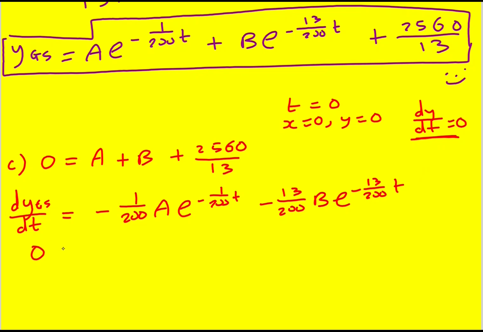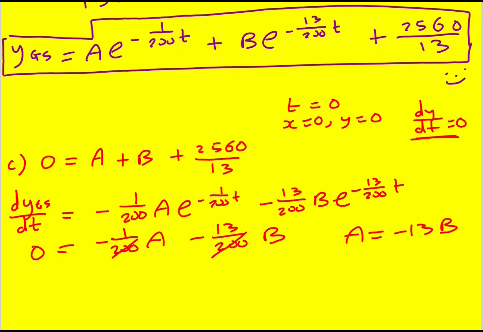So then 0 is going to equal minus 1 over 200a minus 13 over 200b when I put t equals 0 in. And I can times through by 200. I'm going to get that a is equal to minus 13b.